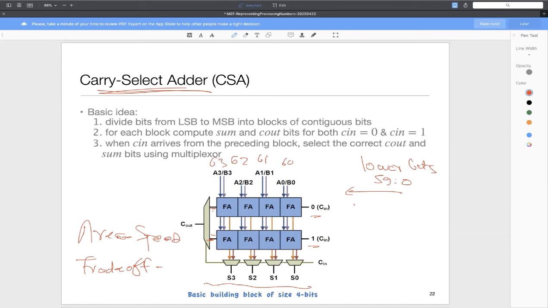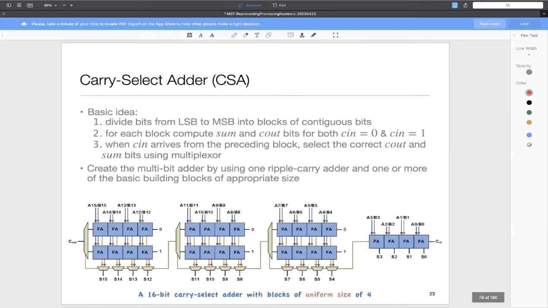One way we can say is, I'm going to just divide it into some fixed chunks. Again, I'm sticking with the example of 4 because that's what the place where I picked these diagrams from had. So let's say I'm trying to do a 16-bit addition. I'll just divide it into 4 groups of 4. The initial group is just a standard ripple carry adder, but for every other stage, I'm computing both.